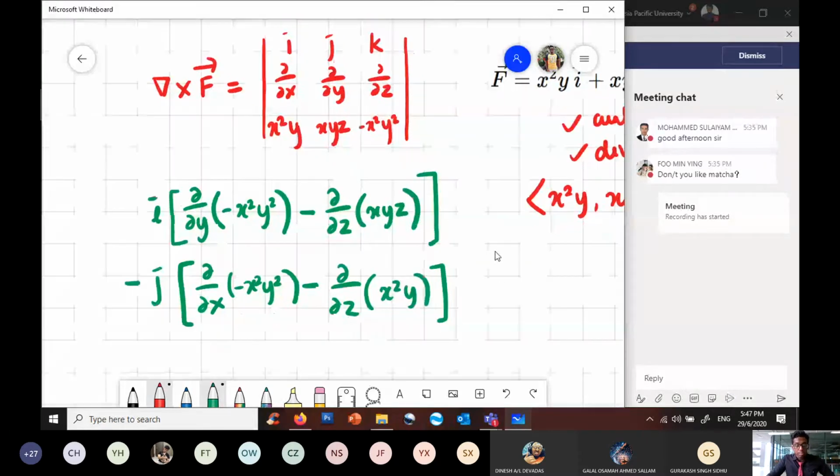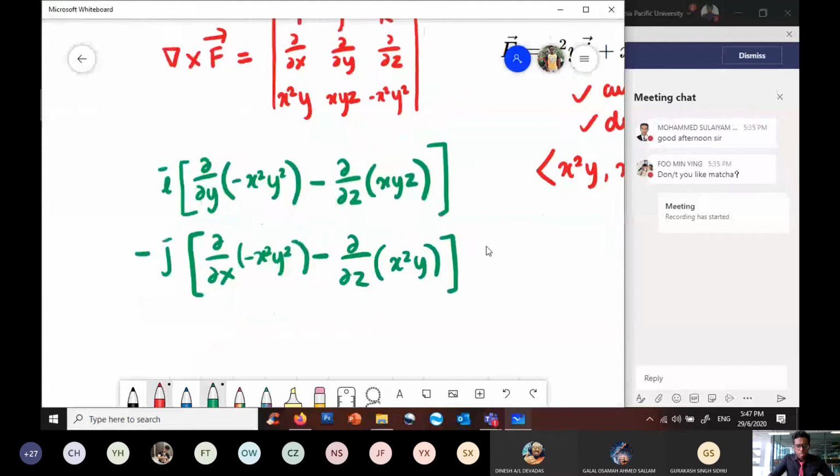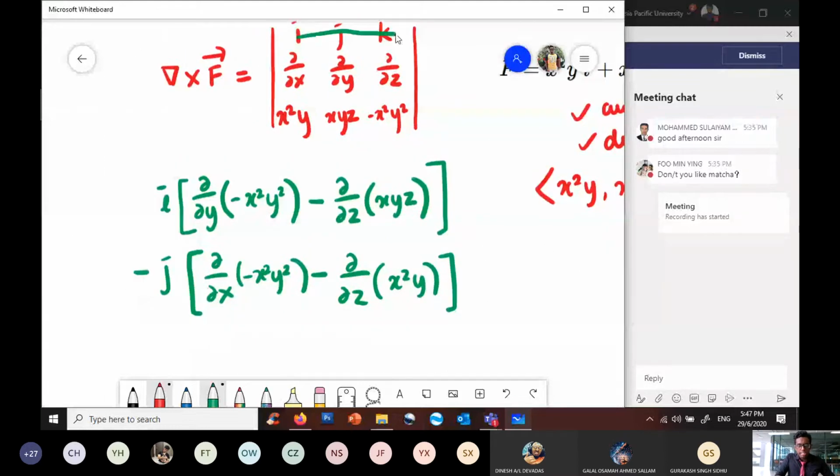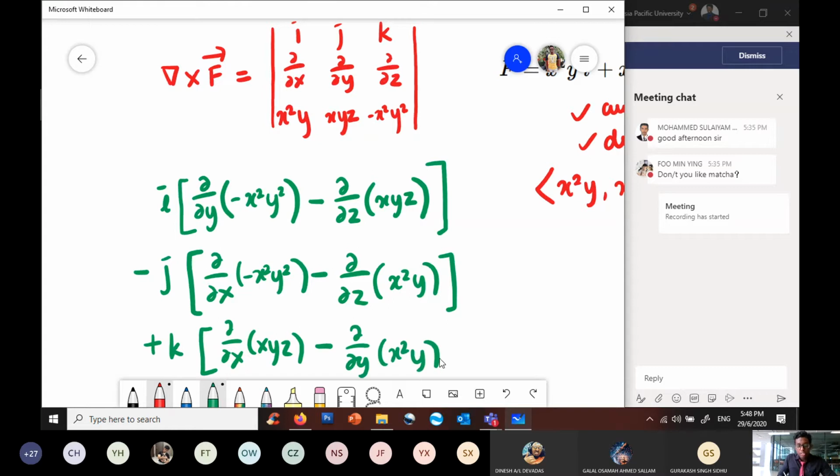The third component, we are going to close this and this and look at the remaining 4 things. Again, cross multiplication. So back to positive: dou over dou x multiplied by xyz, minus dou over dou y times x square y. So there you have it.